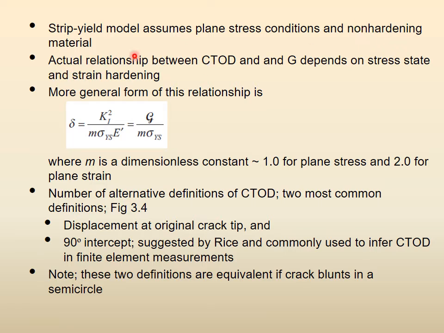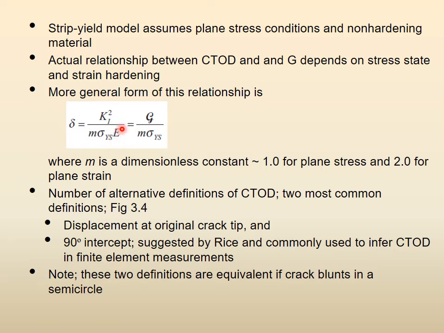Now, the actual relationship between CTOD and G depends on the stress state and the strain hardening, both the conditions. So therefore a more general form is this, right? We just had that delta is equal to K1 squared upon sigma YE. So now we are adding M here, and we are saying that this is E dash.